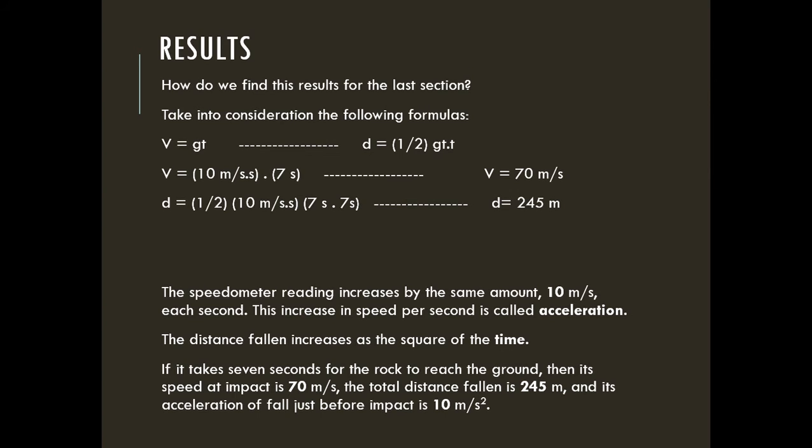We found the velocity, or the speed of impact, with the formula that we used right at the top. The total distance fallen is 245 meters. And its acceleration of fall just before impact is 10 meters per second squared. So the acceleration does not change because it is one more time the acceleration of gravity.